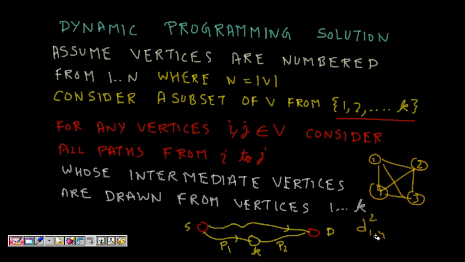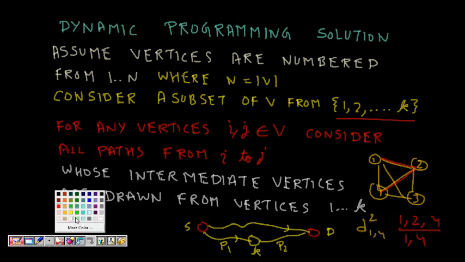So this means the distance from node 1 to 4 using only intermediate nodes 1 and 2. I can choose 1, 2, 4. This is one possibility, and let's say all edges are of weight 1. Another possible path is 1 and 4 directly, because I am not using any intermediate node. So 1, 4 is also fine.